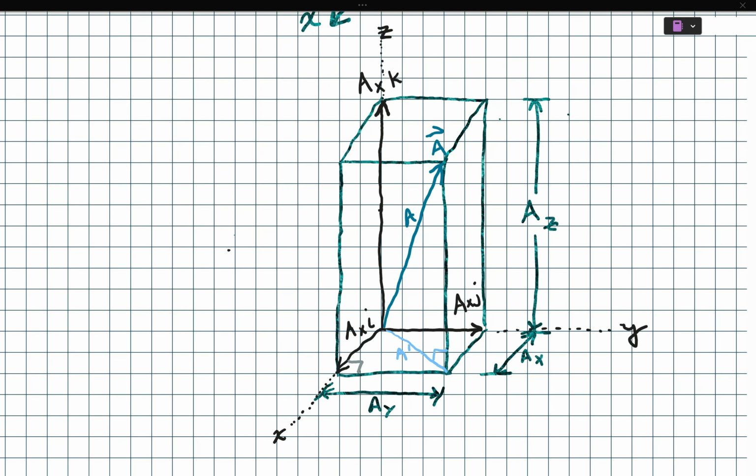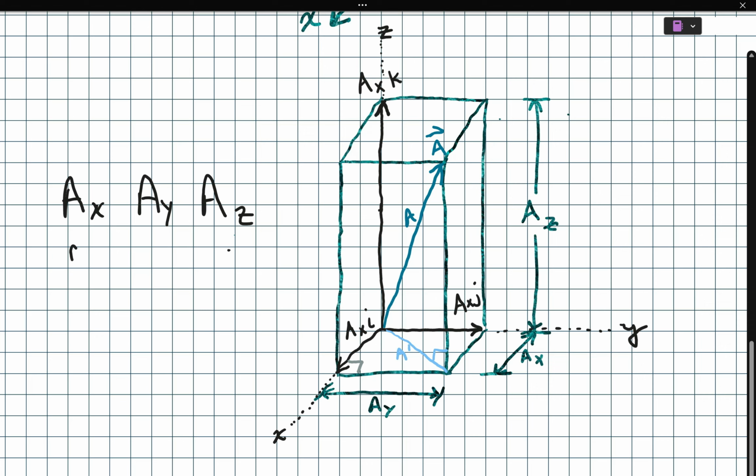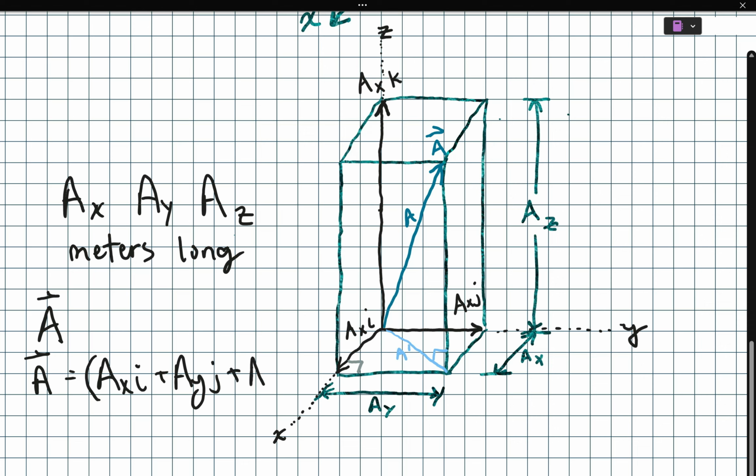So let's consider this box that I've drawn with sides a sub x, a sub y, and a sub z. We'll say they're meters long. So the vector A can be defined as a sub x i plus a sub y j plus a sub z k.